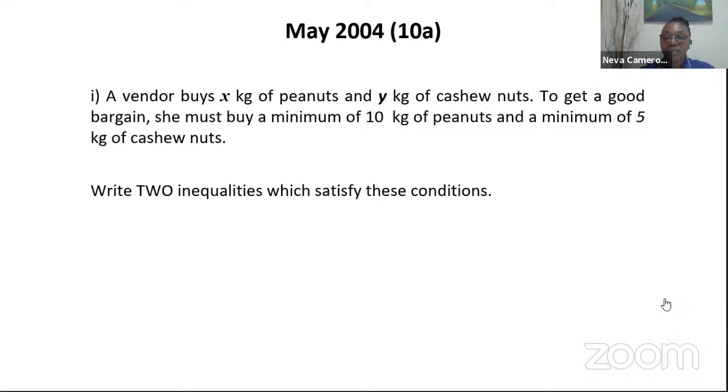Y is greater than or equal to 5 kilograms. All right, so I'm seeing some persons coming with that. Some are writing the less than and then the equal sign, but I understand what they're saying. All right, let us bring up our two inequalities, because I'm seeing where some of the students have shared this.